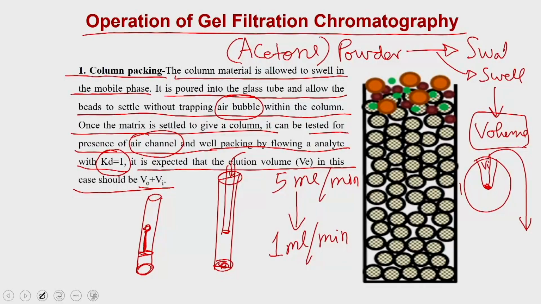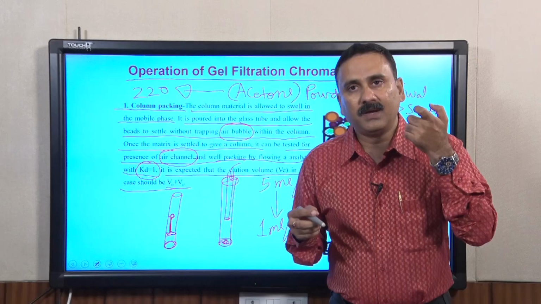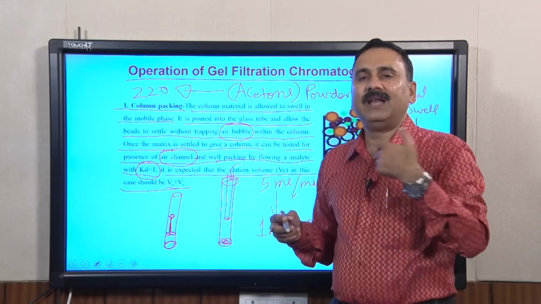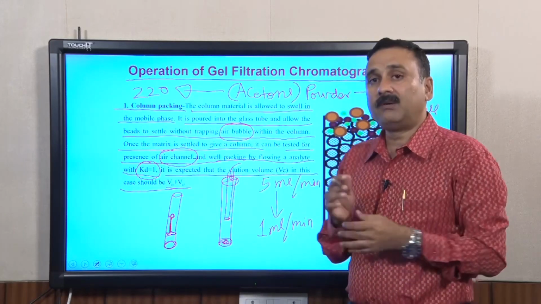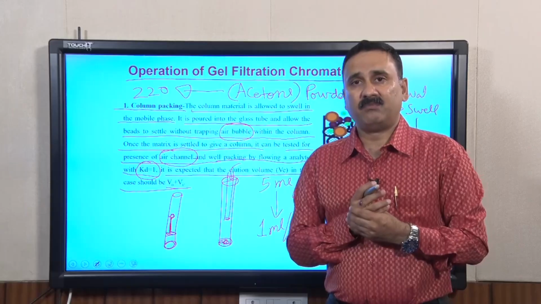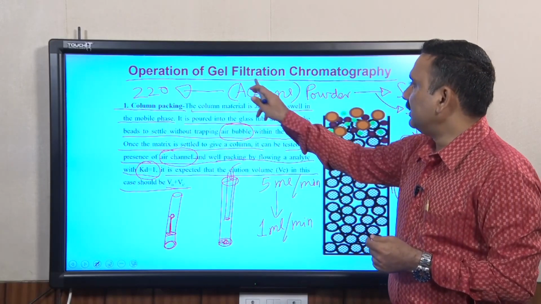The acetone will sit at the bottom of the pore, and compared to water, acetone absorbs very strongly at 220 nanometer, which is the absorbance for most aliphatic compounds, the compounds which contain carbon-carbon bonds.